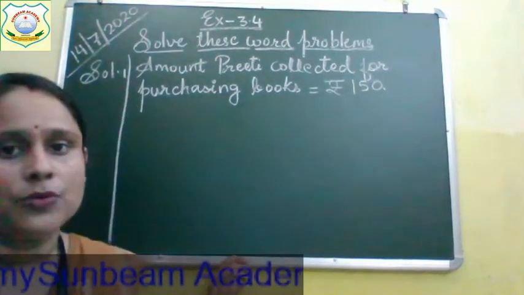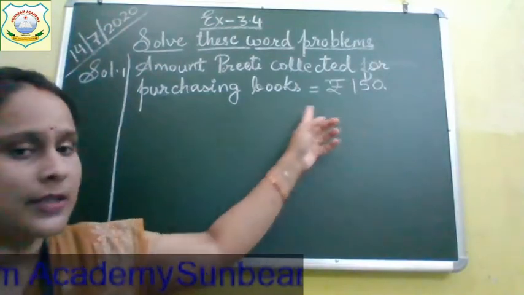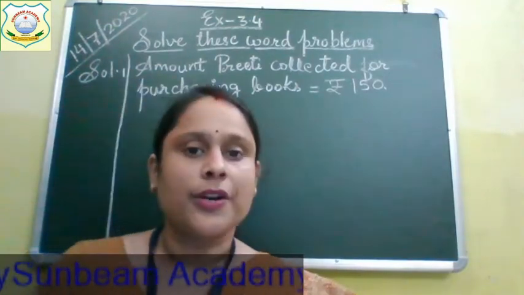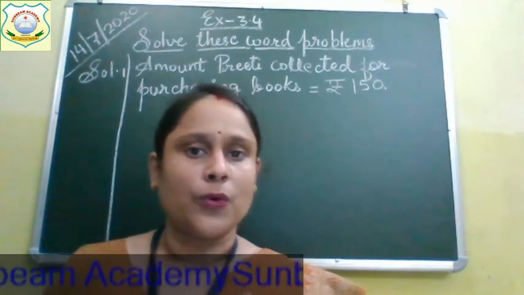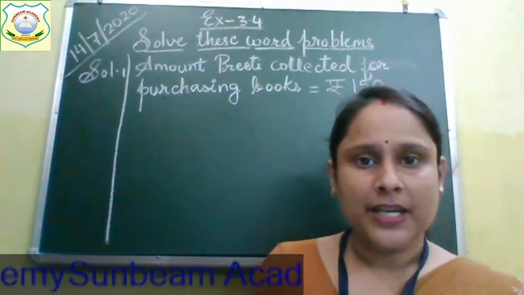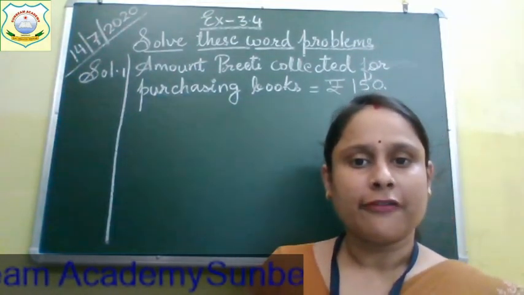Amount Preeti collected for purchasing books is equal to rupees 150. Children, note down this step in your notebook, everyone. Amount Preeti collected for purchasing books is equal to rupees 150.